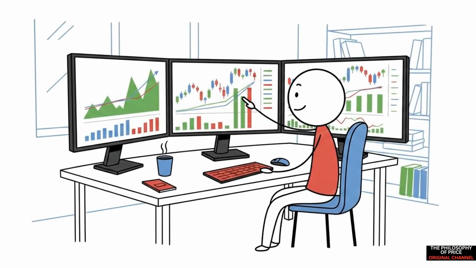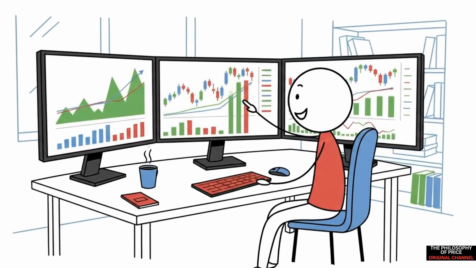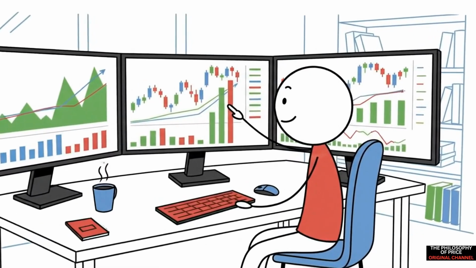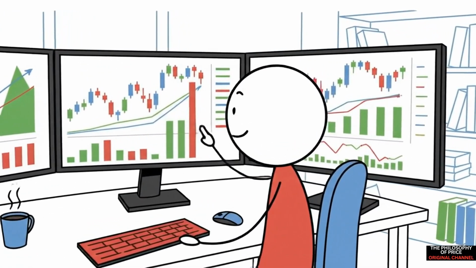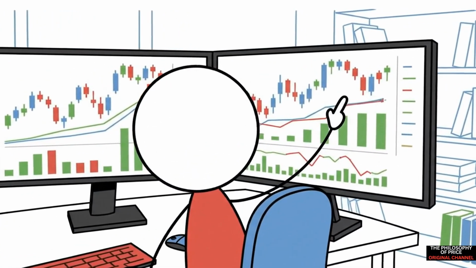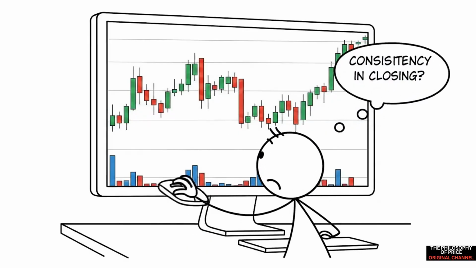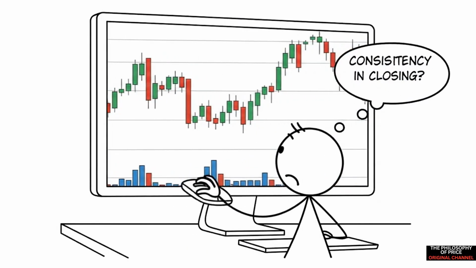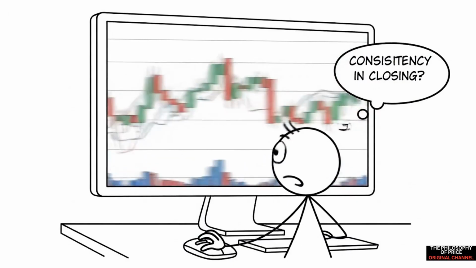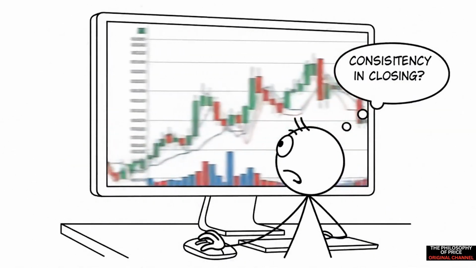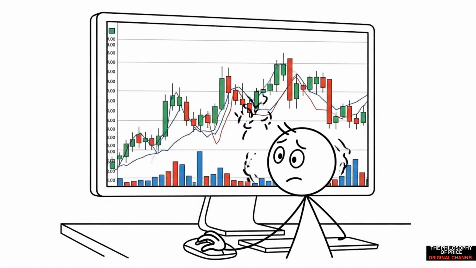Moving to step 4, it's crucial to confirm your analysis with broader market context. First, assess if trading volume is genuinely supporting the current trend. Next, observe whether closing prices are consistently maintaining their position, indicating underlying strength or weakness in the market.